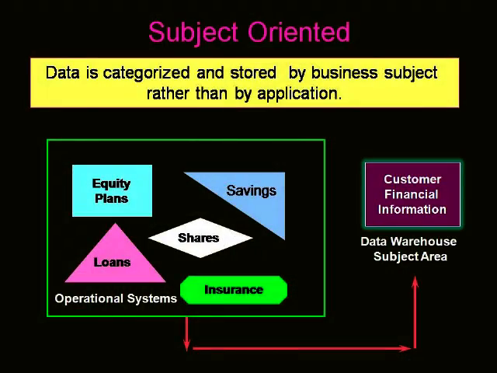For example, if you see the slide, there are different kinds of applications: savings, shares application, loans application, equity plan application, insurance application, etc. They are all operational systems. One typical subject area for the data warehouse is customer financial information.